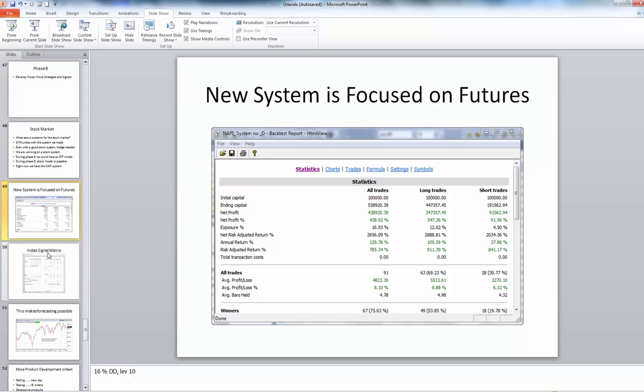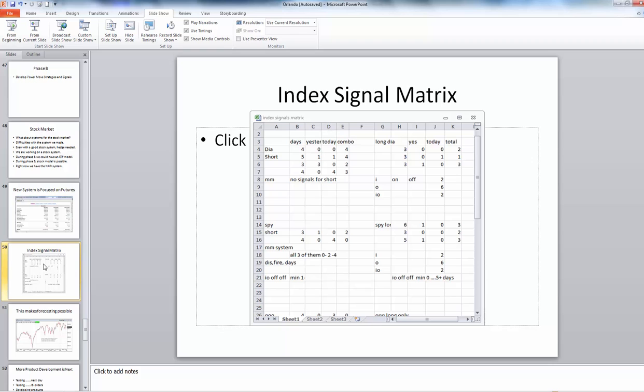Okay. And what we did was we developed what we call a matrix. That's how this system here was developed. We developed something called a matrix just to find out what works best in terms of the NAPI.